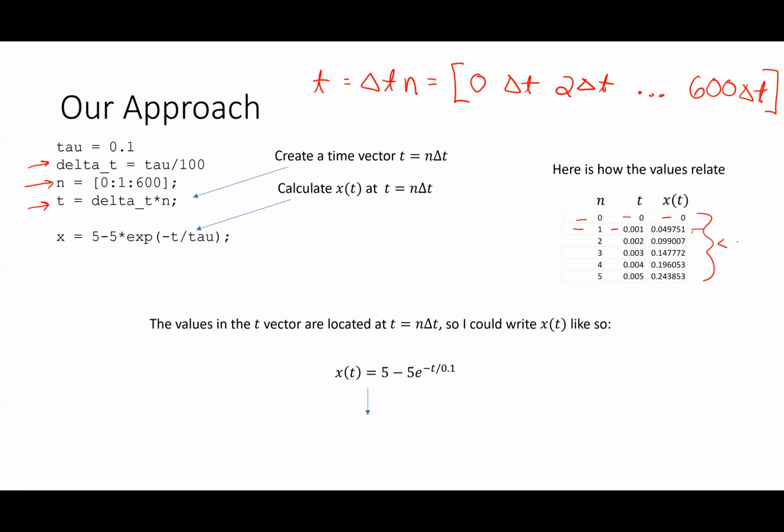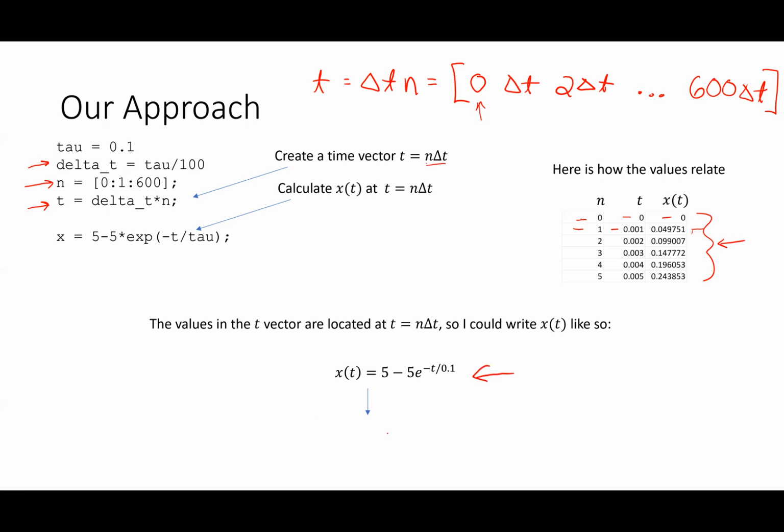Now this array is something I can hold in memory in a computer. Each of the values in the time vector is some integer n times delta t. So I could plug that into this function to say that's what I really am plotting.